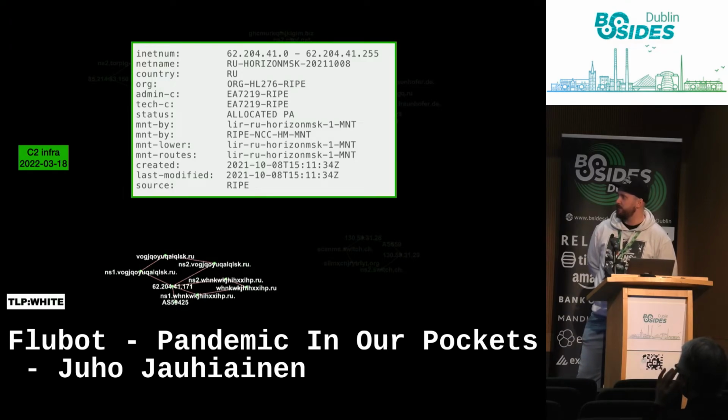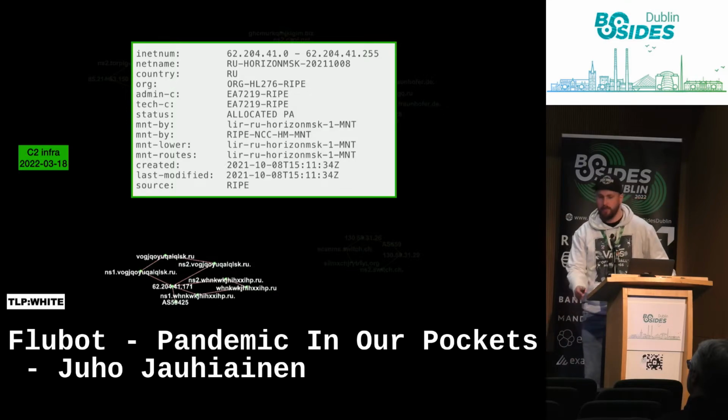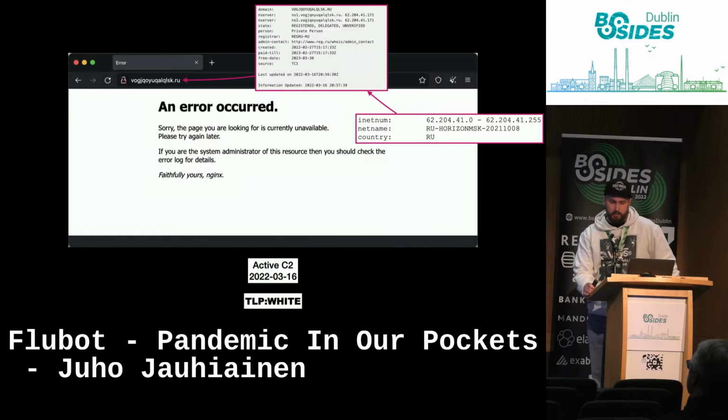We have seen that in many different malwares using the same AS. So probably that's the real AS they are using for the C2 infra. And if you go to these C2 domains by browser, it's nothing, but you can see that their IP addresses are as well in the same AS.